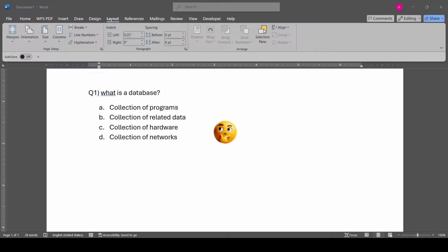Tell me the answer now. What is a database? Obviously, a database means a collection of related data in a well organized form. So the answer is B. Yes.